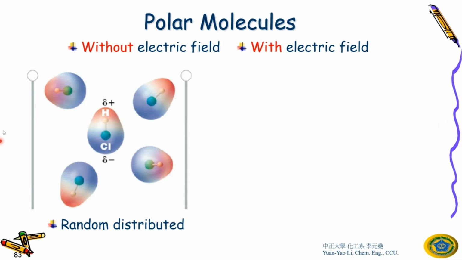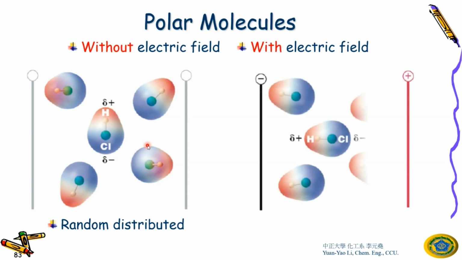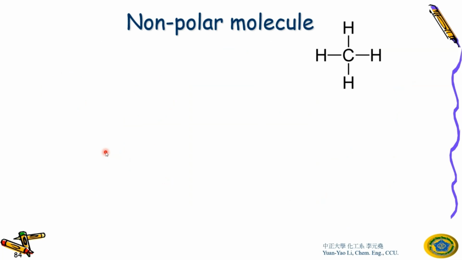Although this is neutral, you have a delta positive and delta negative here. And when you put an electrical field between these molecules, they will be aligned according to the positive and the negative side. It's interesting. We are going to show you an example very soon, but not today.